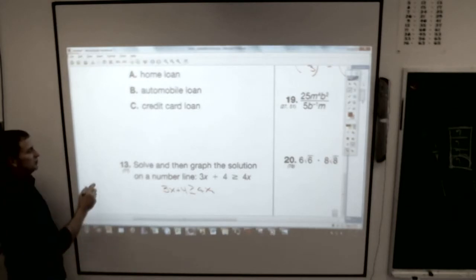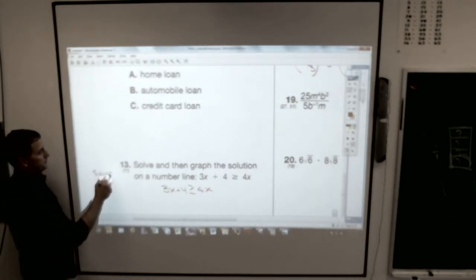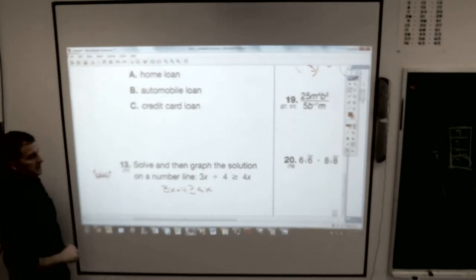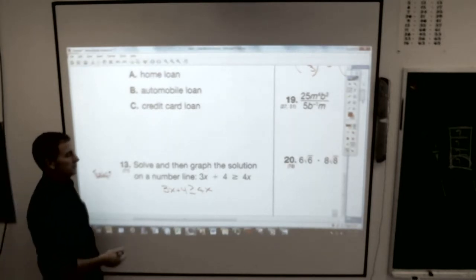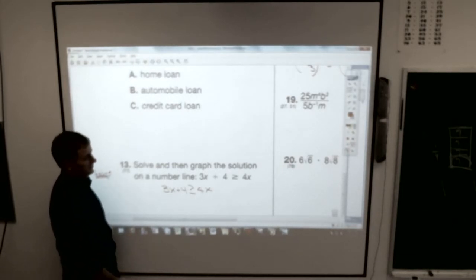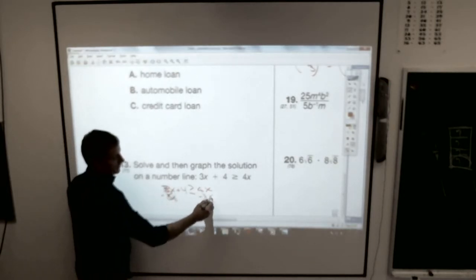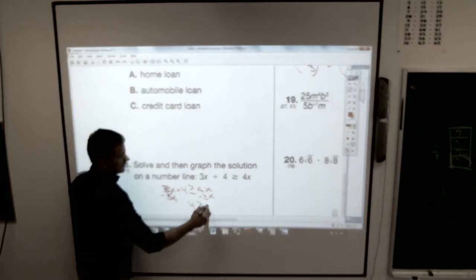First thing you have to do is solve this just like a normal equation, so you want to get x by itself. Well, you run into some issues here. I suppose the easiest way to do this would be to subtract 3x, correct? Subtract 3x, and what are you left with? 4 is greater than or equal to x.